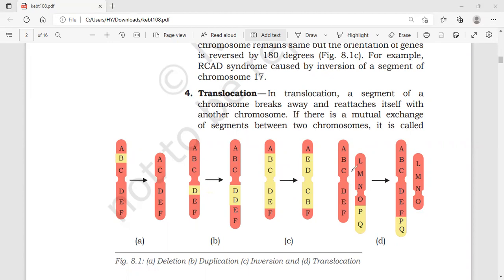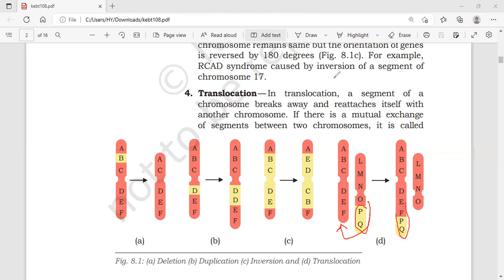So it is inversion. And translocation is having this PQ part that has come from another chromosome and translocated onto the A, B, C, D, E, F chromosome. So this is the example of translocation.